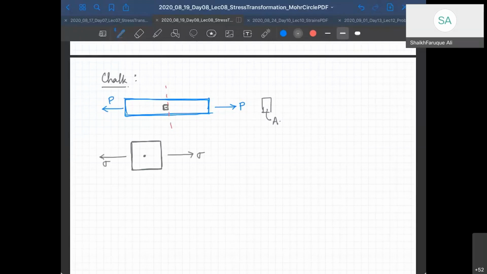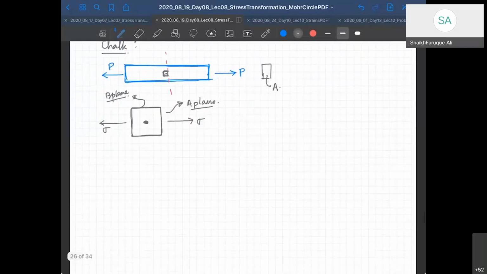And there is nothing else acting, only this. No shear stress, nothing. Let's say this face is called A plane, and this is called B plane. Okay, our definition. Now, can you draw the Mohr circle for this?